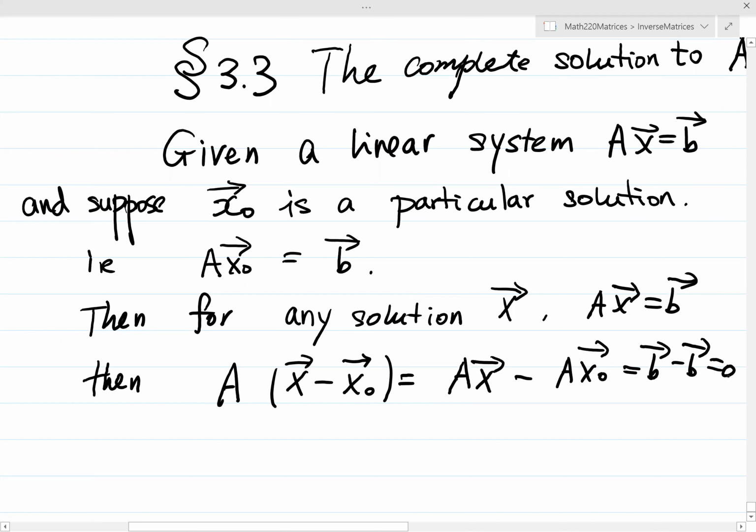So this means x minus x0 is in the null space of A.